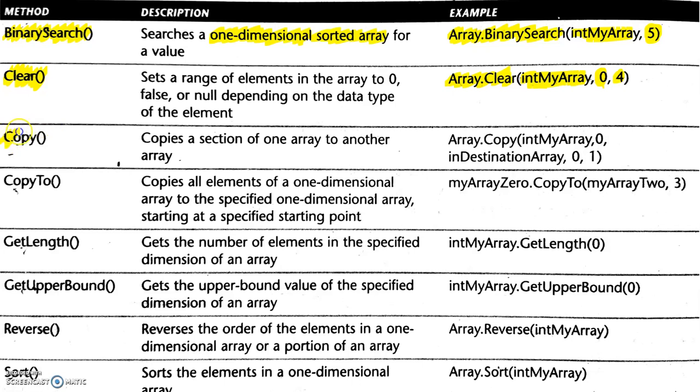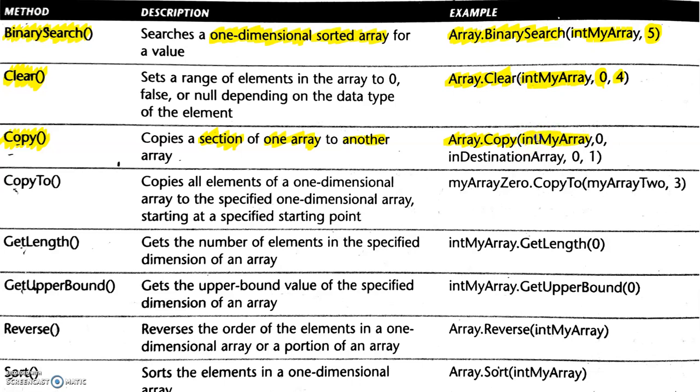Then we have the copy method. It copies a section of one array to another array. Here we have two arrays and we are copying the first array into the second array. For that we write the name of the array dot copy. It takes 5 parameters. First, your source array.